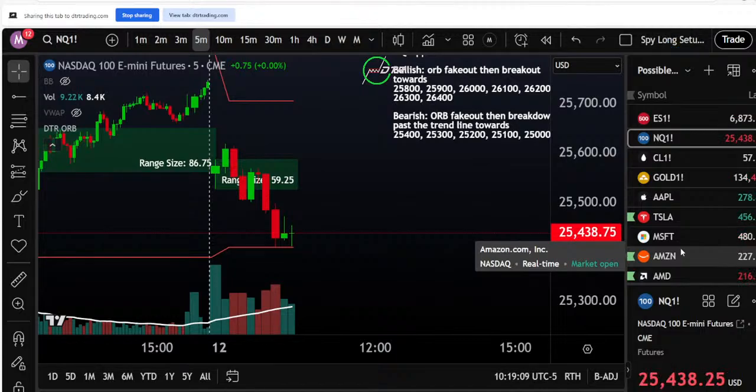You guys kind of understand what I'm saying? I'm never going to hold it against myself if I don't catch the top and the bottom. That's more luck than skill.